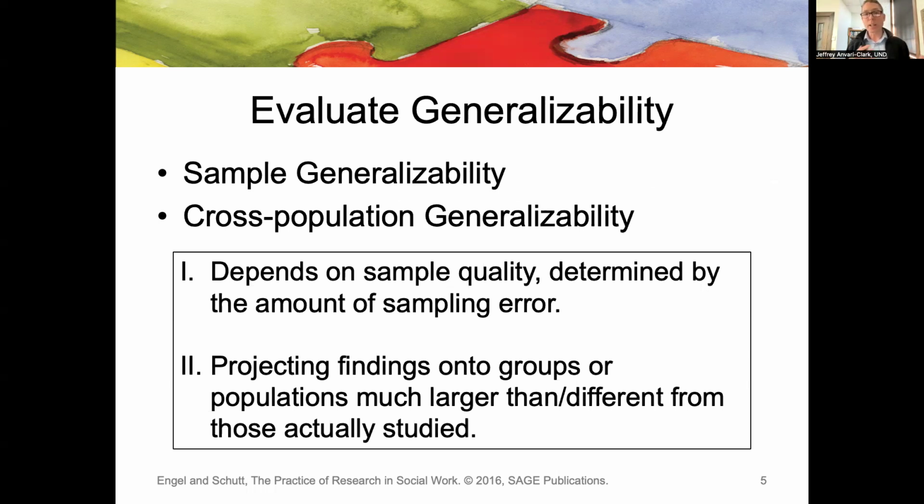Being able to do this really depends on the quality of the sample. How representative are the people, and how much sampling error might there be? Are there any differences between the characteristics of the people I researched and the characteristics of the overall population?